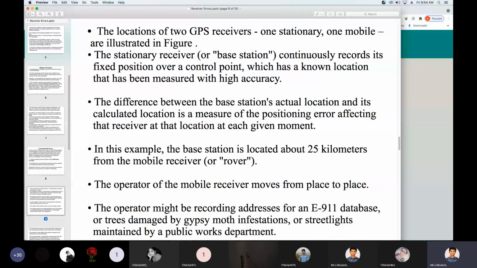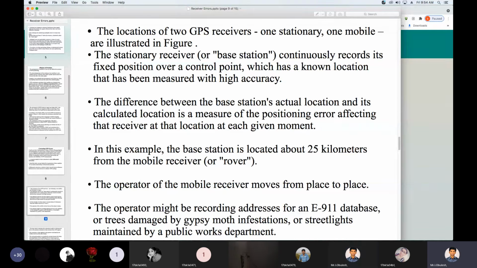In this example, the base station is located about 25 kilometers from the mobile receiver. The operator of the mobile receiver moves from place to place.